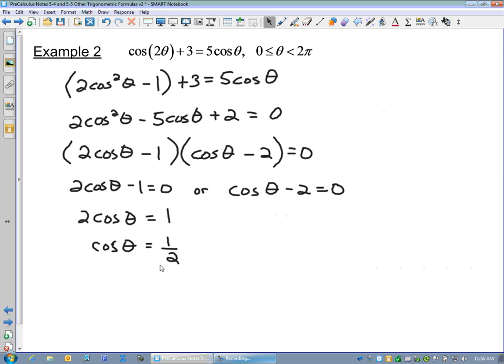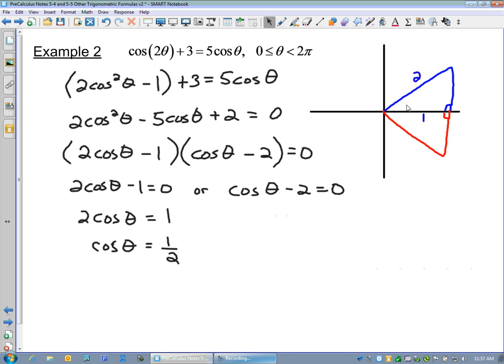Now from here, we want to figure out what is the argument whose cosine is going to be 1/2. So starting with that, we're going to look at the triangles, and notice how the cosine is positive. So that is going to happen either in quadrant 1 or in quadrant 4. In order for cosine to be 1/2, that means adjacent over hypotenuse would have an adjacent of 1 and a hypotenuse of 2, this being our angle.